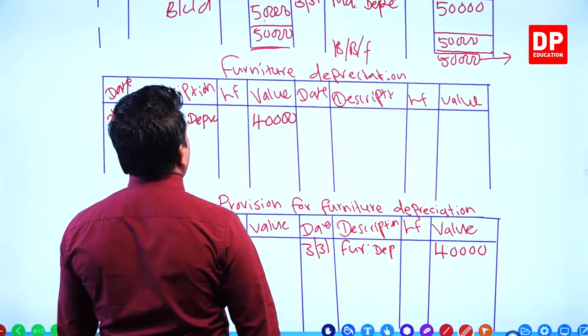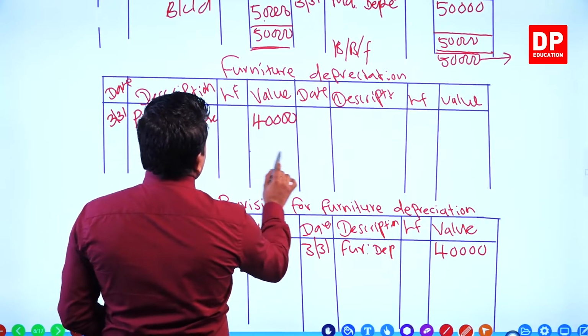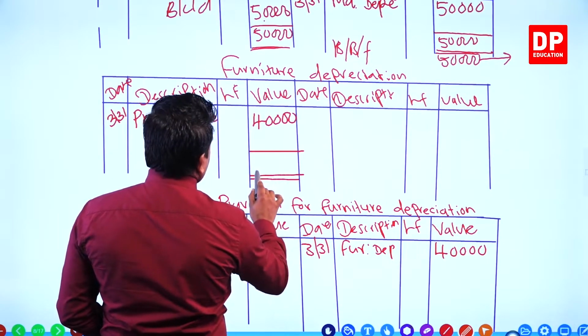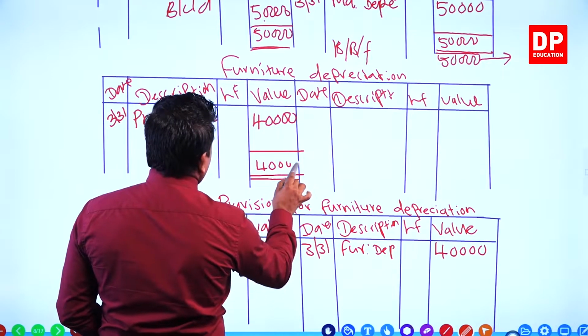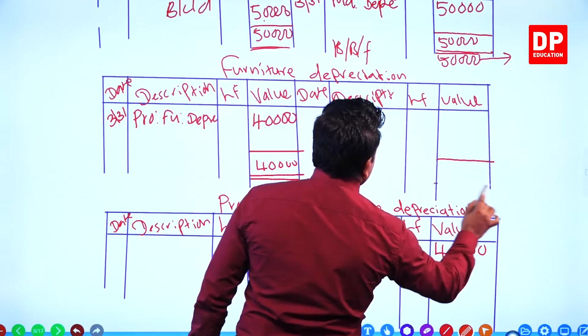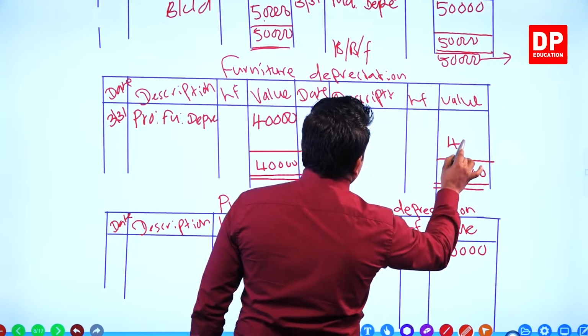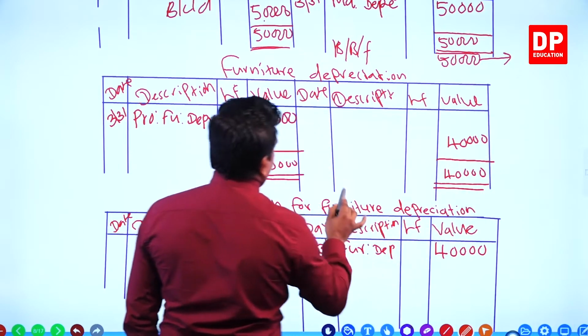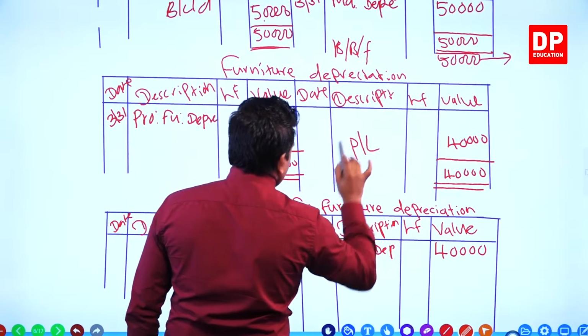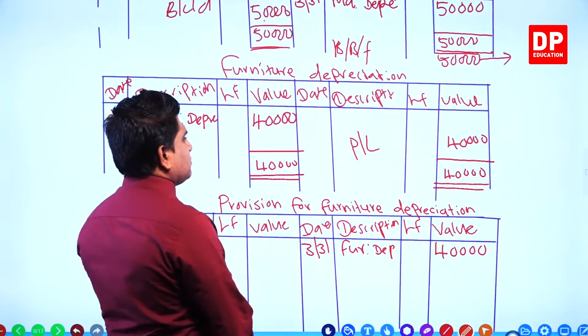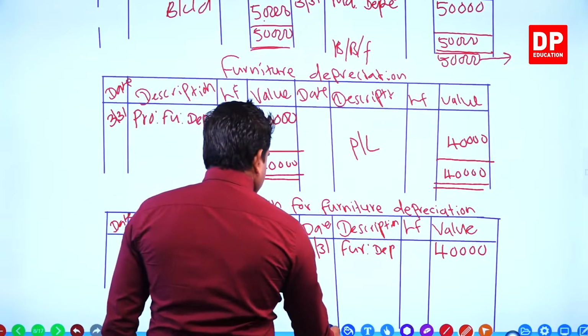Yeah. Then what you do? You balance off. Furniture depreciation account 40,000, only this year's amount, right? 40,000, 40,000, right? You transfer income and expenses via profit and loss statement, right?